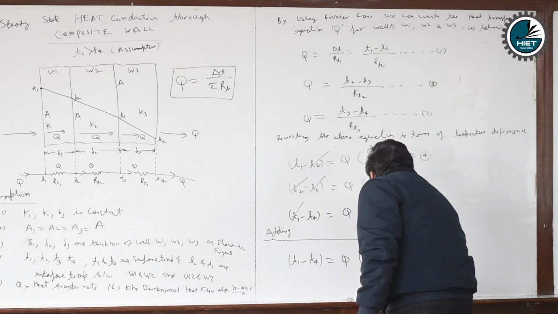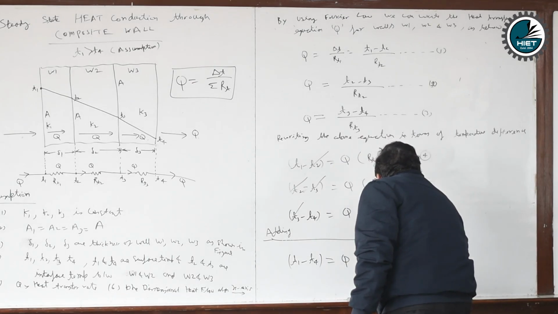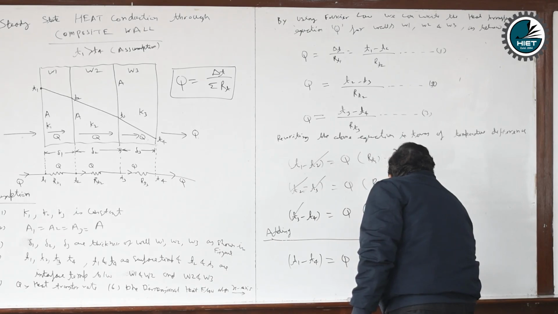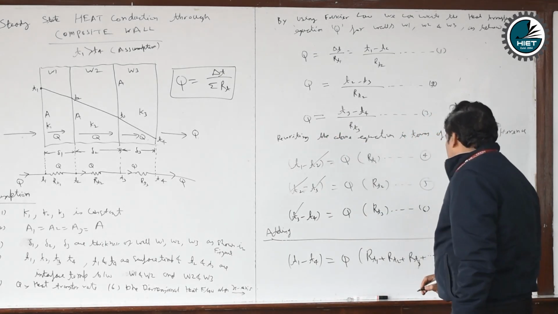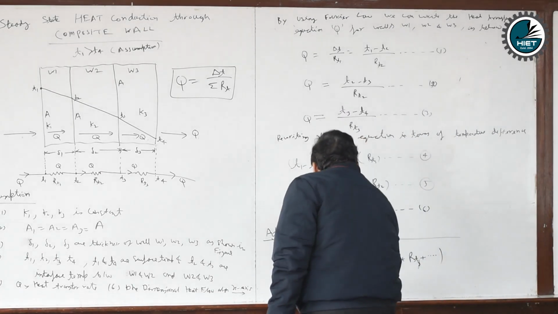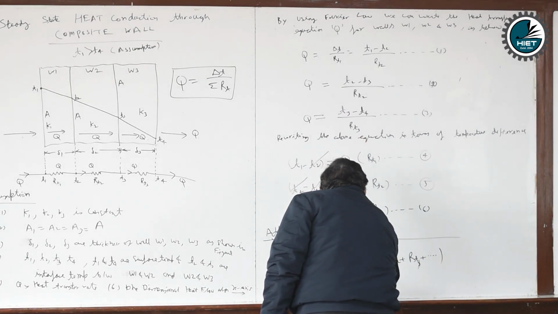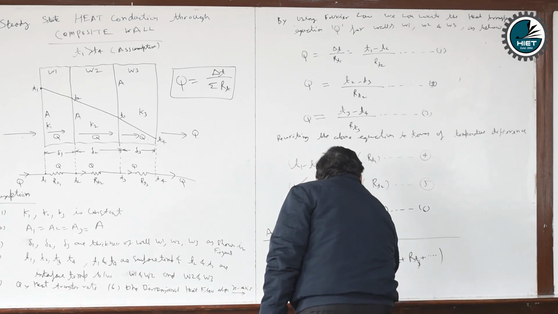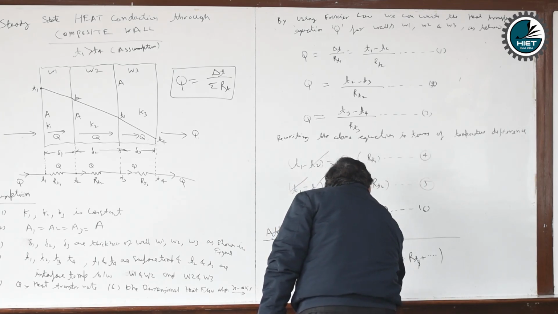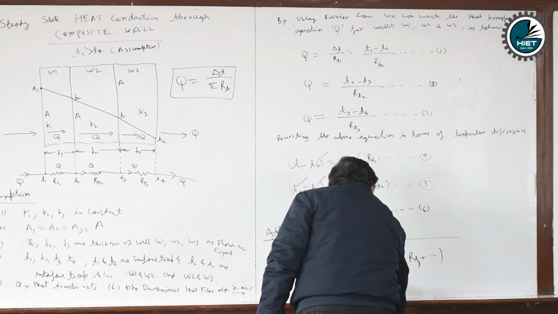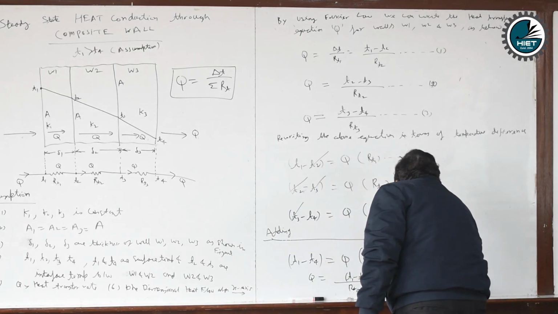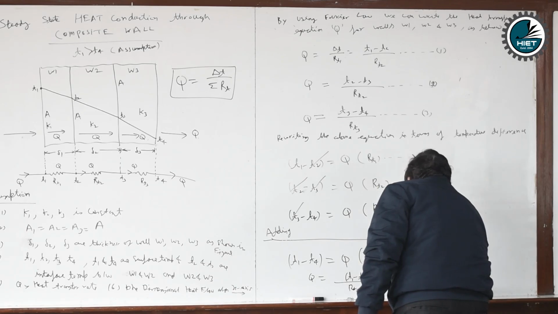Now we can add all these things: this is RT1, this is RT2, this is RT3, and if some more walls are connected, we can add other resistances also. So we can write Q is equal to T1 minus T4, in the denominator RT1 plus RT2 plus RT3. So we can write it as delta T upon sigma RT.